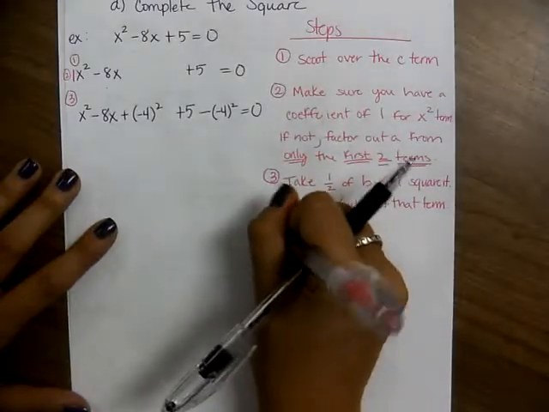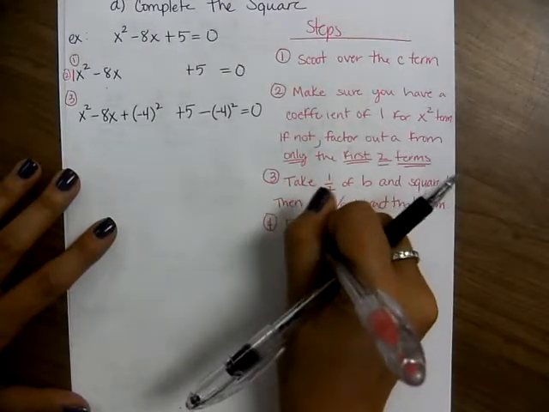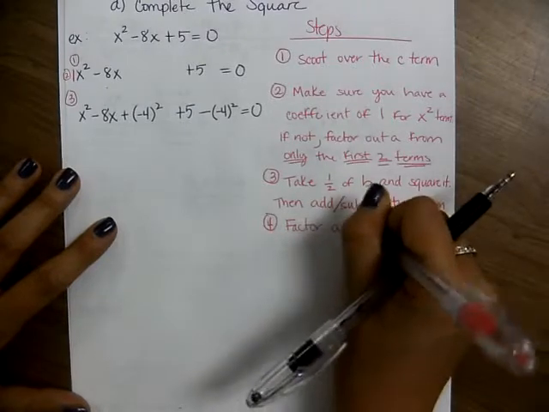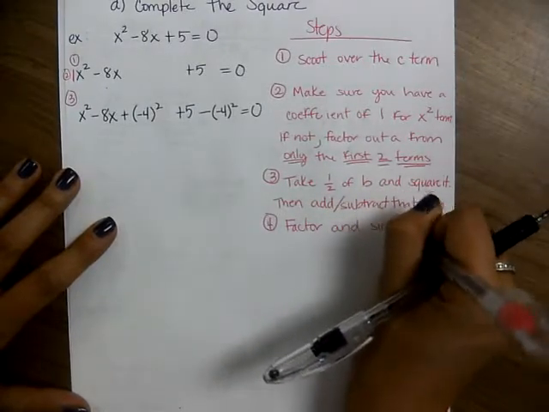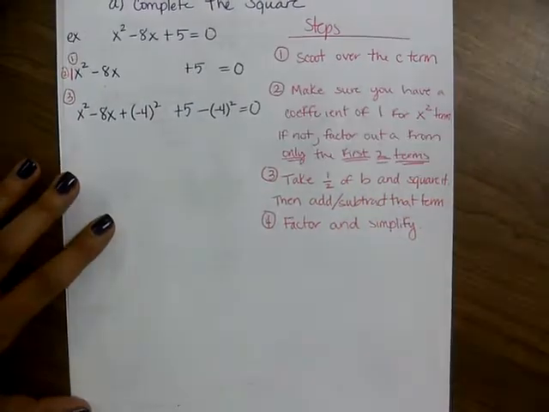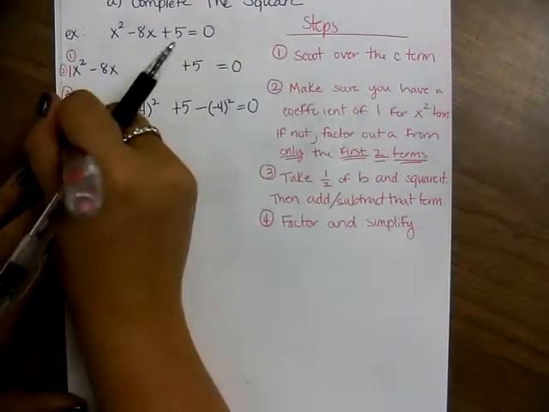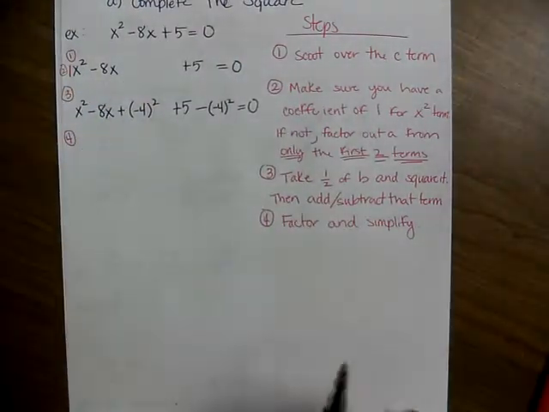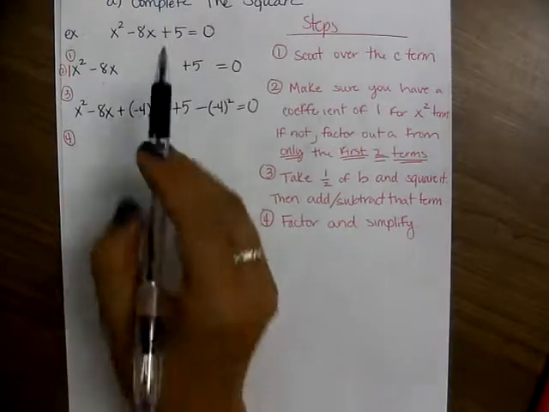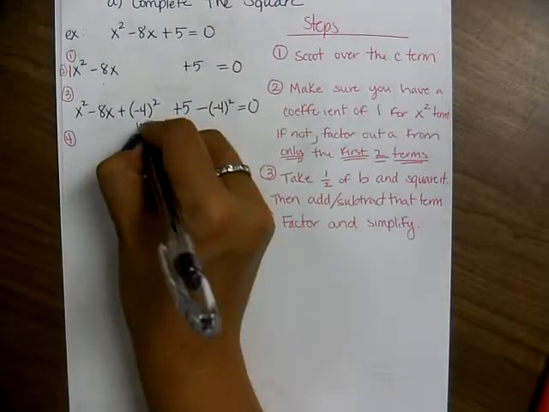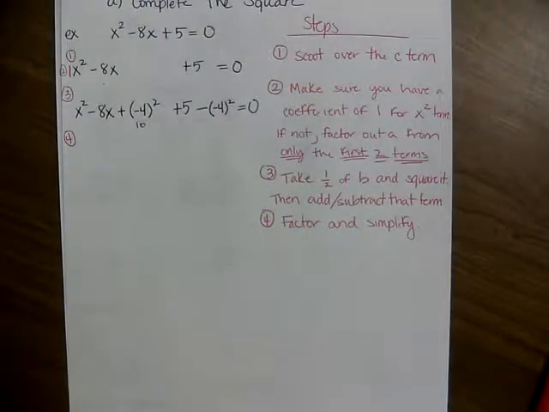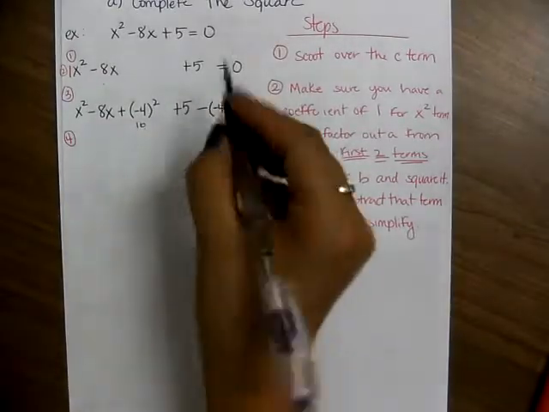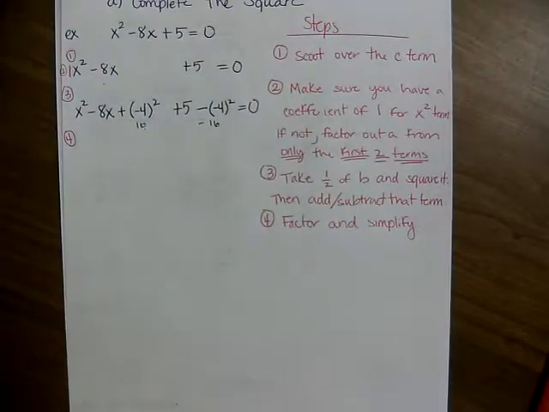Step 4, you're going to factor and simplify. Okay, so now for step 4, I have to think about what I have here. So negative 4 squared is really like 16, right? So I'm adding and I'm subtracting a 16 here. So that's how I keep that equation the same. It's just a different look.